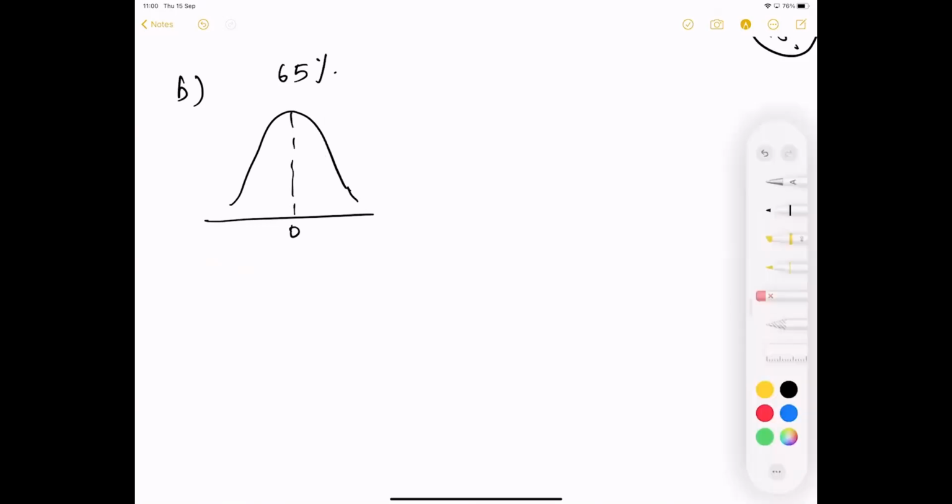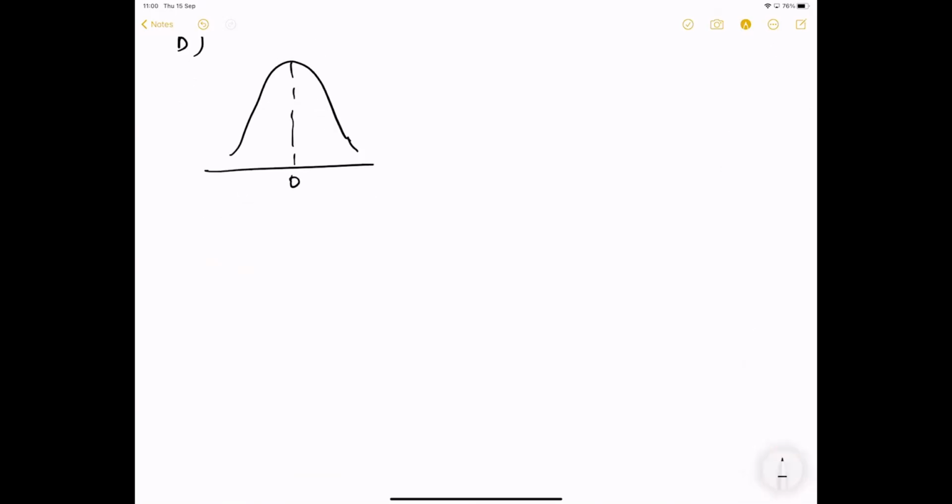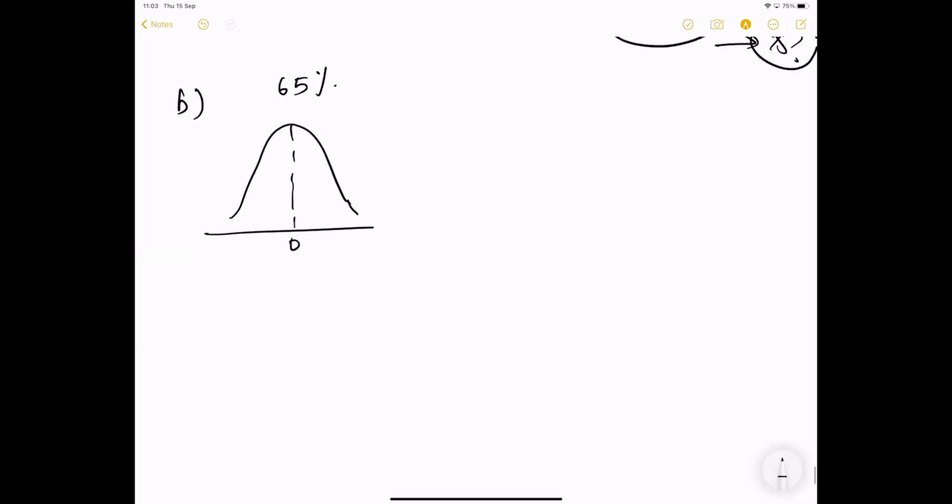The question says the area to the right of z is 0.65. To the right means this right side. This area is 0.65, so the left side should be 0.35.